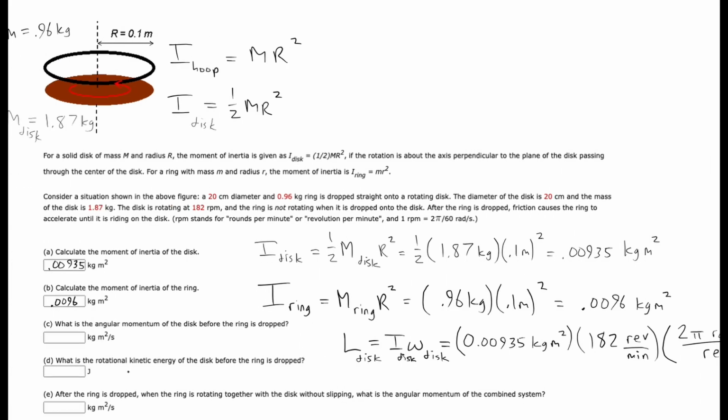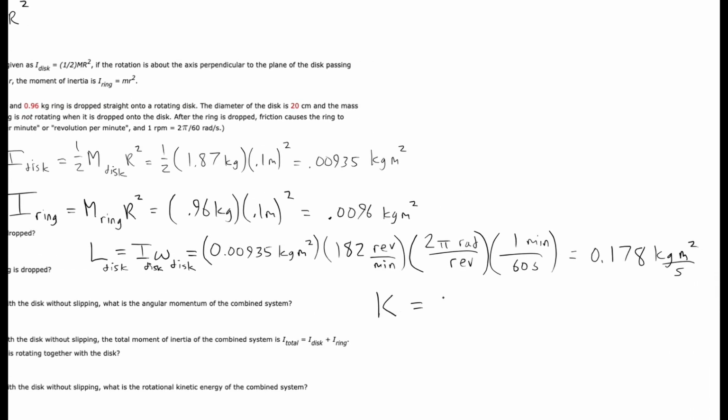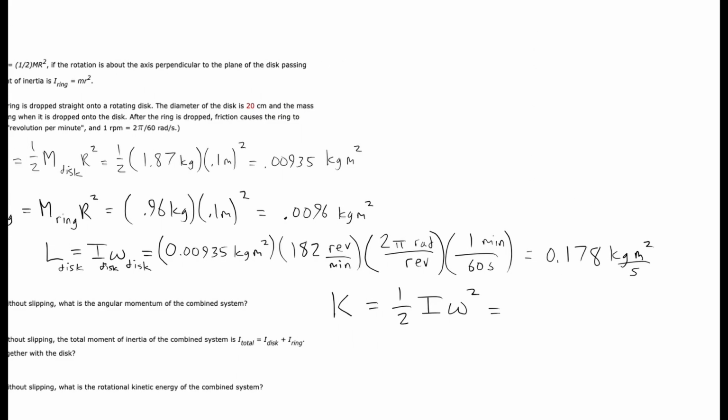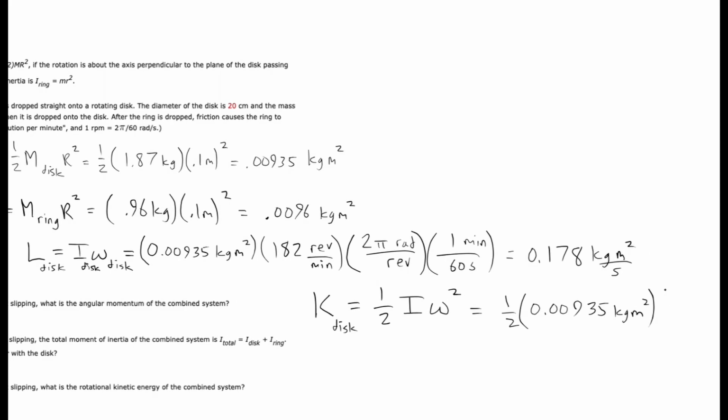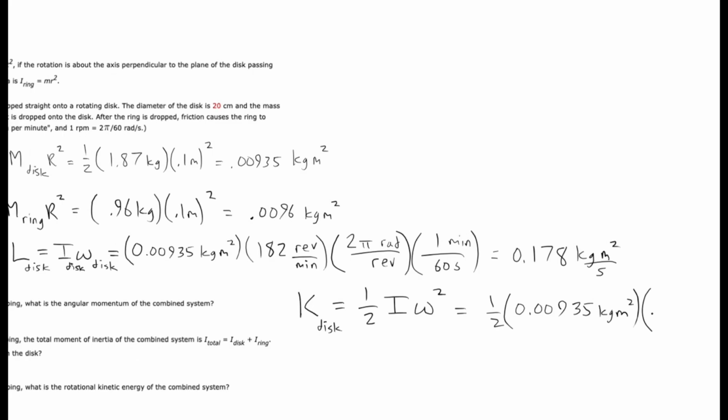Now they say, what's the rotational kinetic energy of the disk before the ring was dropped? So that has its own formula. Kinetic energy of a rotating object is going to be 1/2 I omega squared. Similar to the linear version of that formula. This is for the disk, so let's plug in its moment of inertia and its angular speed.